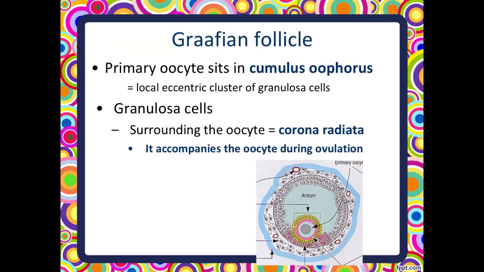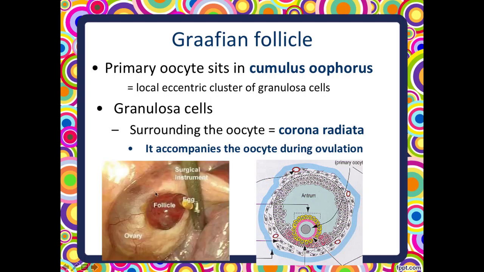So the mature Graafian follicle has the oocyte on the periphery of the follicle. This accumulation of cells, the cluster of granulosa cells surrounding the oocyte, is called the cumulus oophorus. The granulosa cells immediately surrounding the oocyte, these yellow cells, are called the corona radiata, and they accompany the oocyte during ovulation.